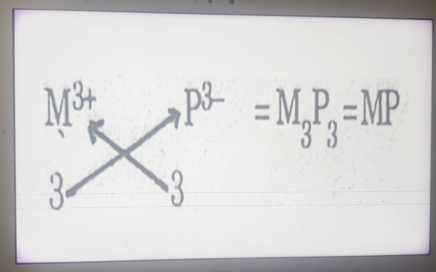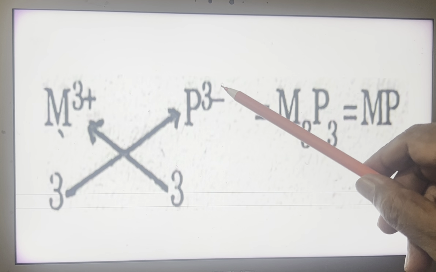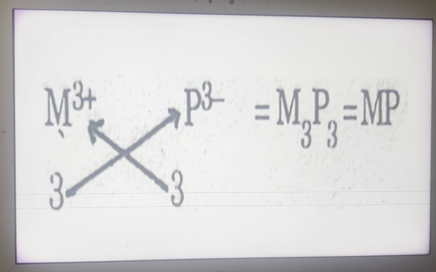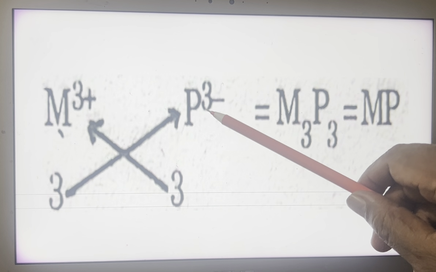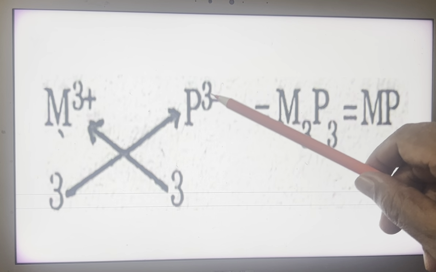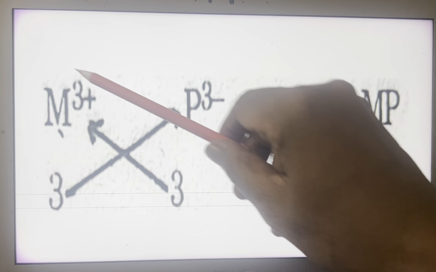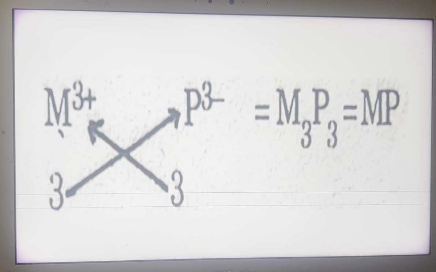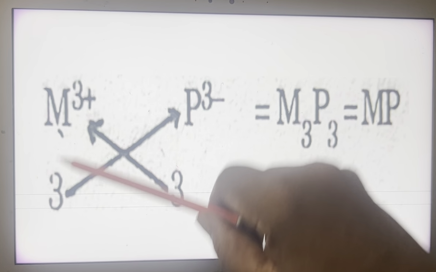For example, a metal has 3+, and phosphide has 3 minus. The metal is a third group element, 3+. Phosphide is a fifth group element, 5 minus 8, 3 minus. So you should remember these charges. After leaving the charges, the numbers are the valency, 3.